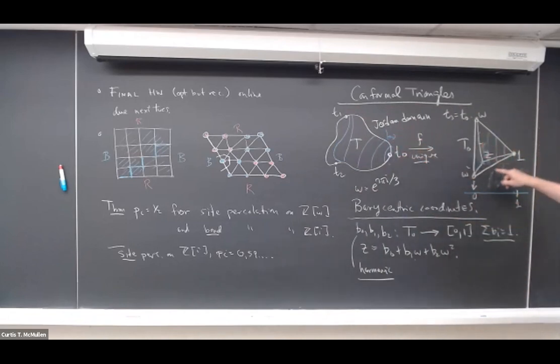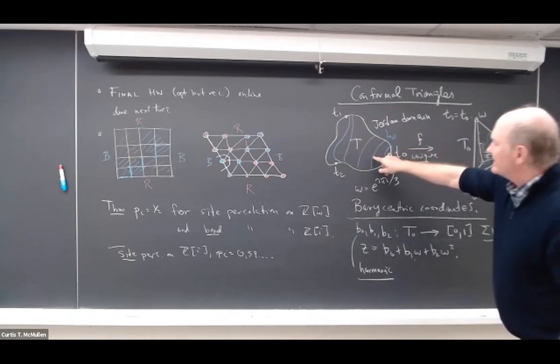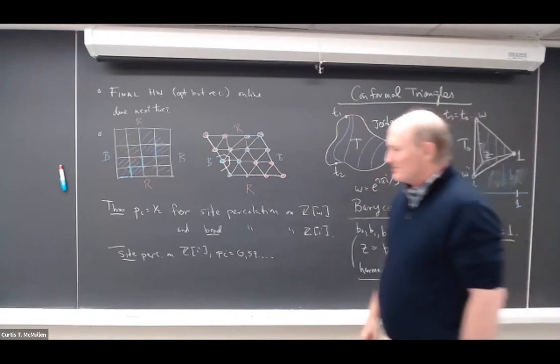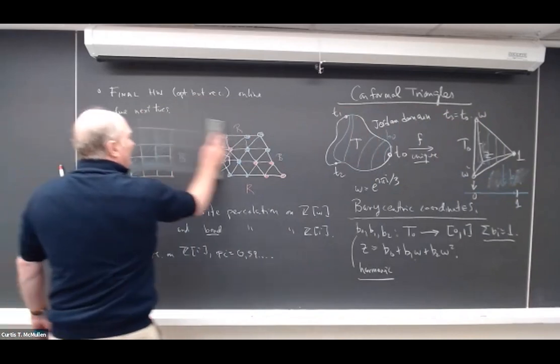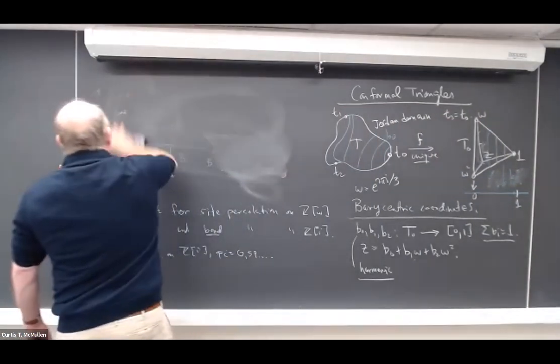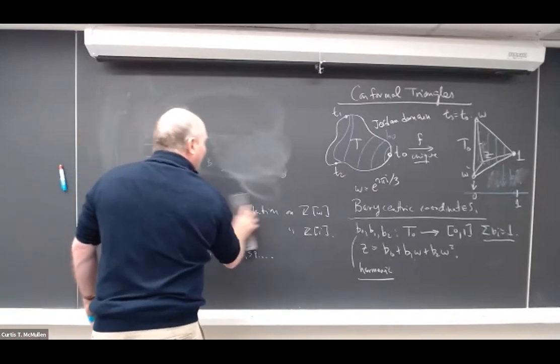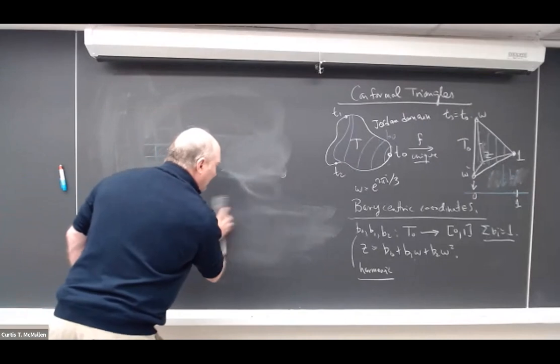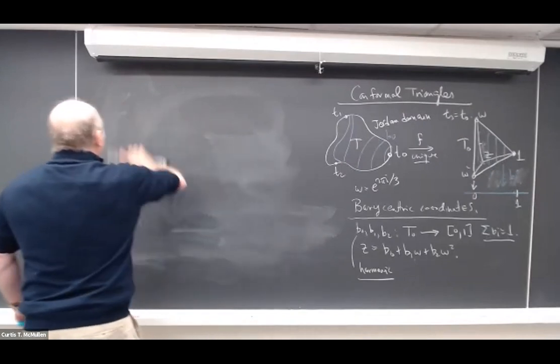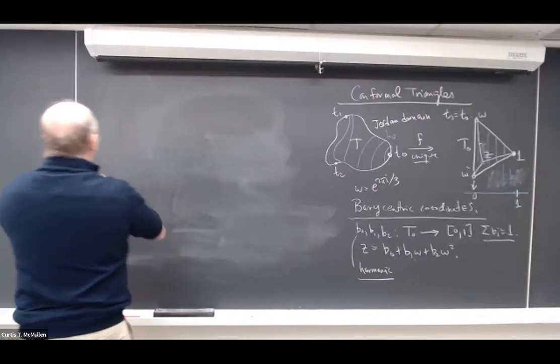And they're just defined by taking these barycentric coordinates and pulling them back. But since they are conformal invariants, you might think there's a way to define them just using conformal geometry. And there is. So let me state a theorem to that effect.